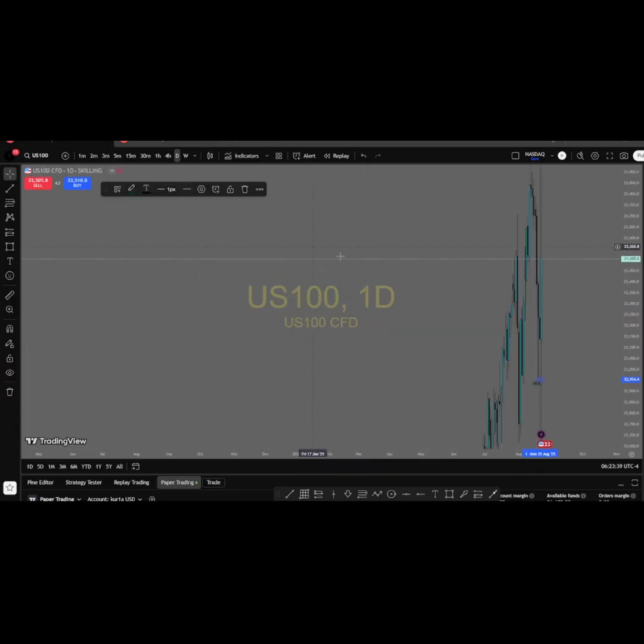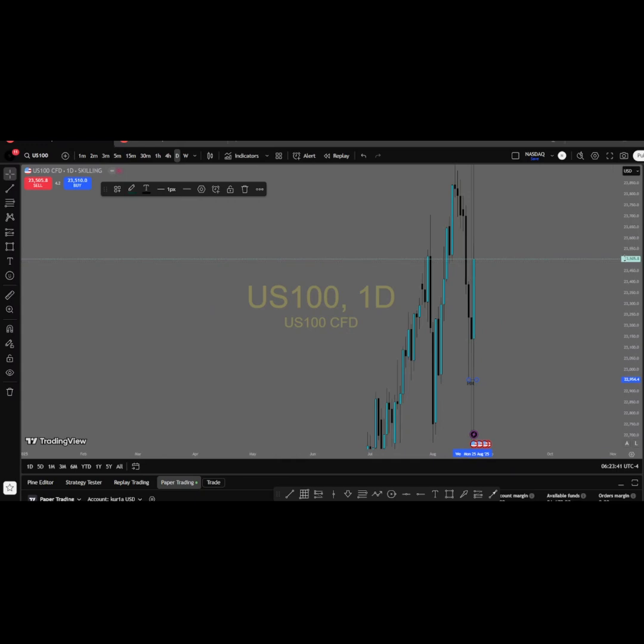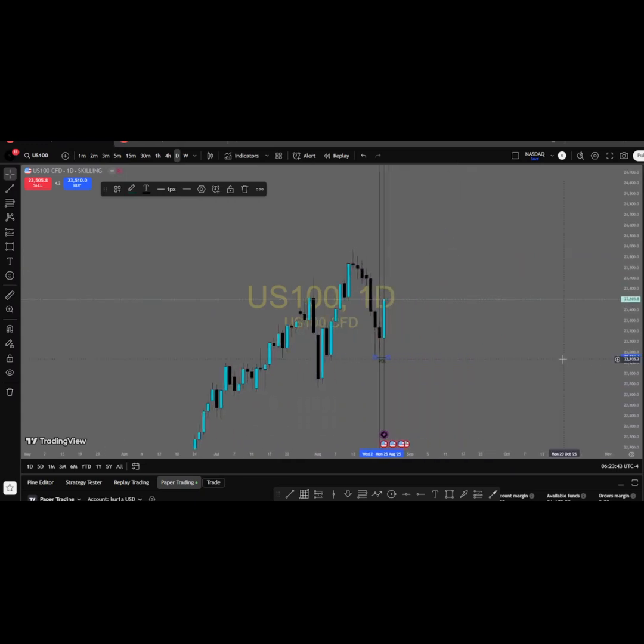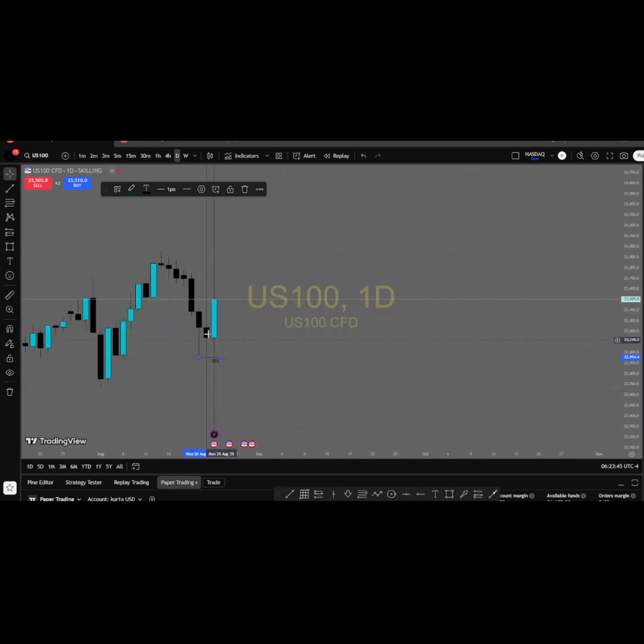I came and did the same on US100. I want to see price remain above the 0.5 level, the mean threshold of that week off to the downside, because by this point in moment I believe that it was a manipulation.